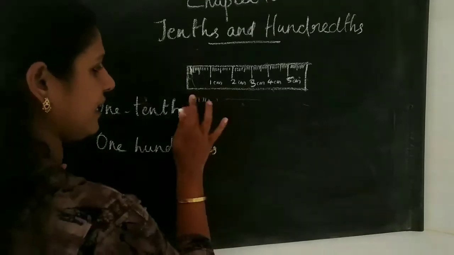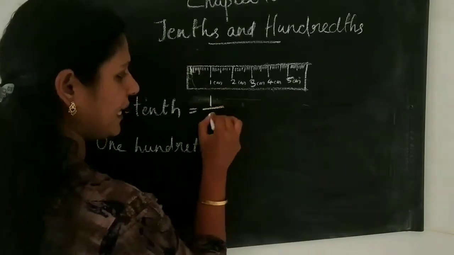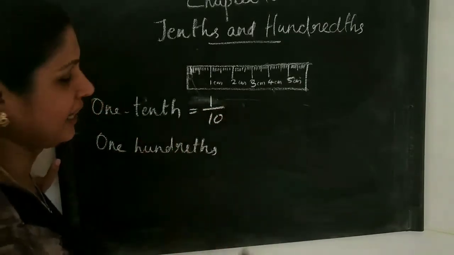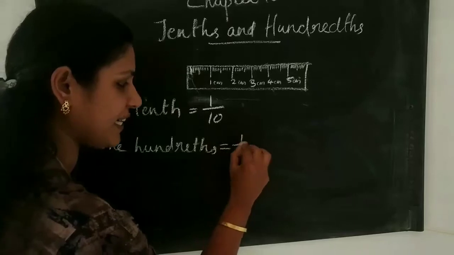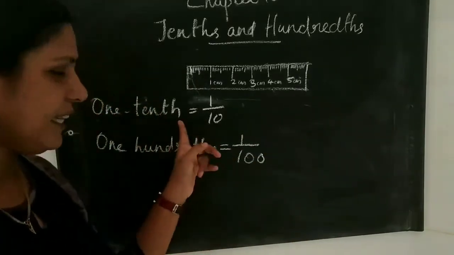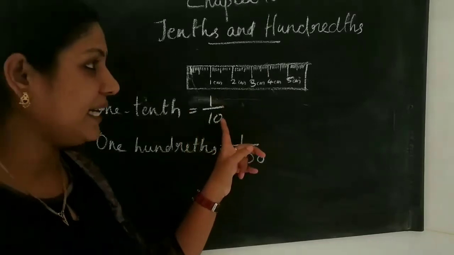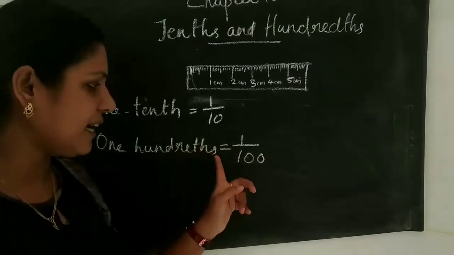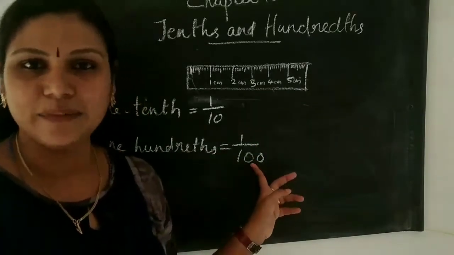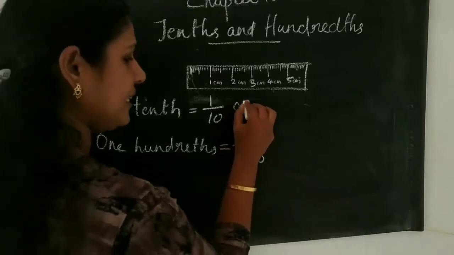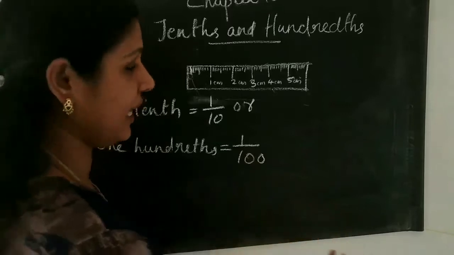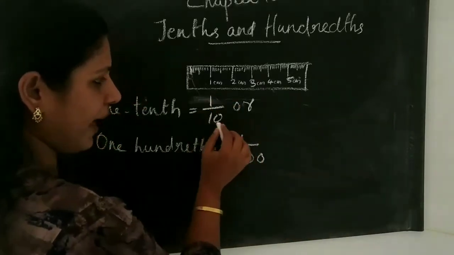1/10 we can write as 1/10, and 1/100th we can write as 1/100. Okay children. So this is a fraction form.